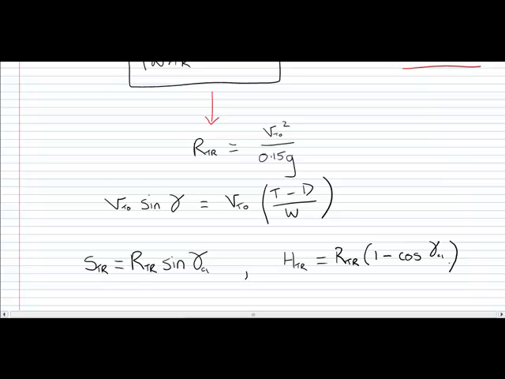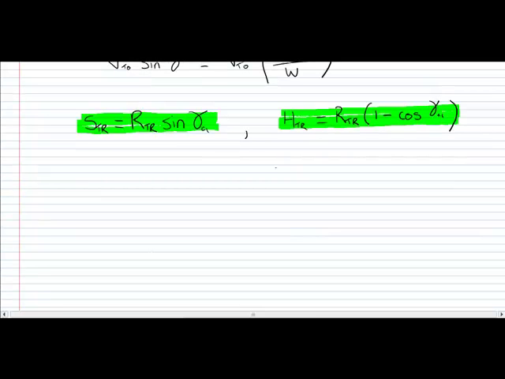Okay, so we've now got an expression for the ground roll, we've got an expression for the rotation distance, and we've got the horizontal distance covered during the transition phase, the third phase, and the vertical distance covered during this transition phase. So our aircraft has come round this circular arc, which is the transition.